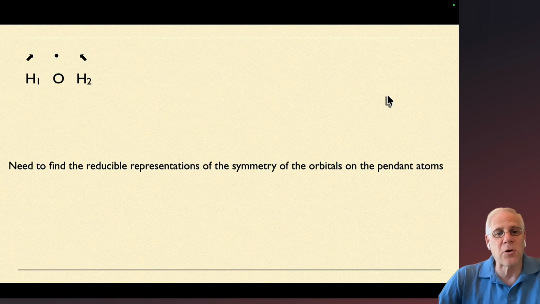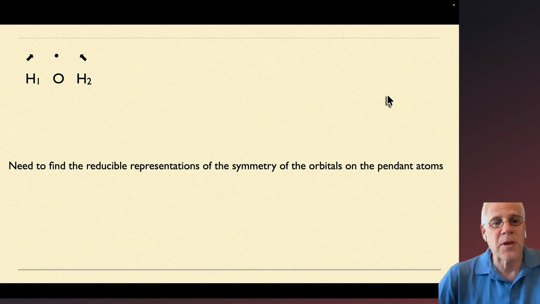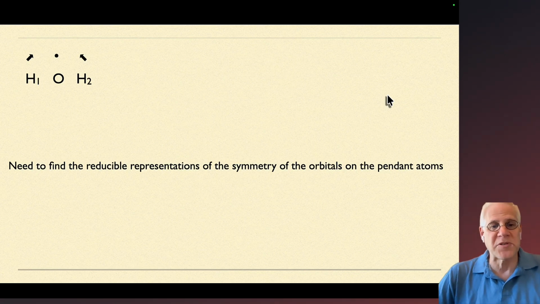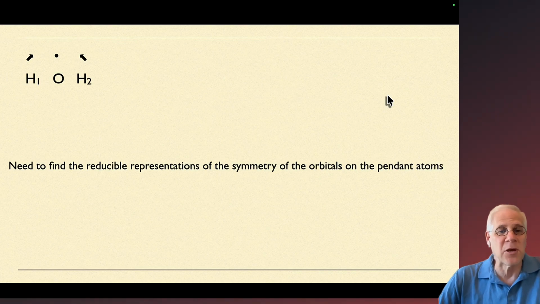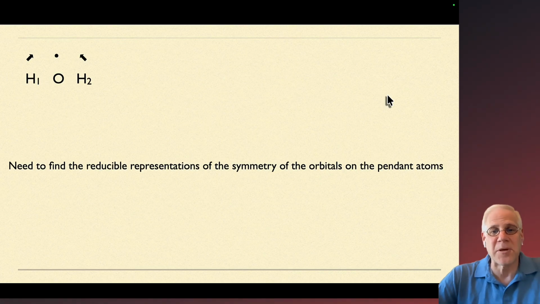So we need to find something that's called a reducible representation of the symmetry of the orbitals that are on the pendant atoms. We had irreducible representations prior. What we're going to find first is a reducible representation, and then we'll look at what the irreducible representation might be.